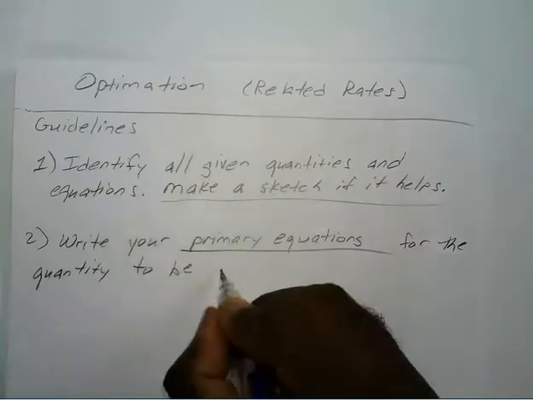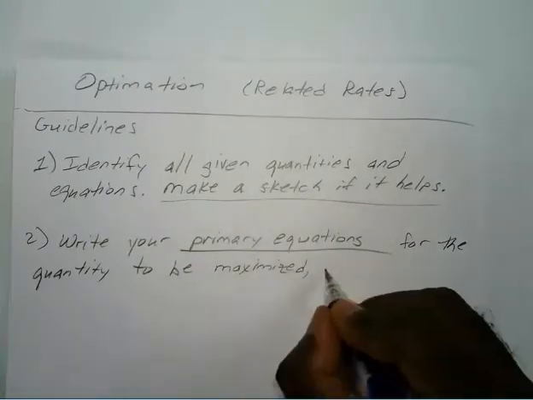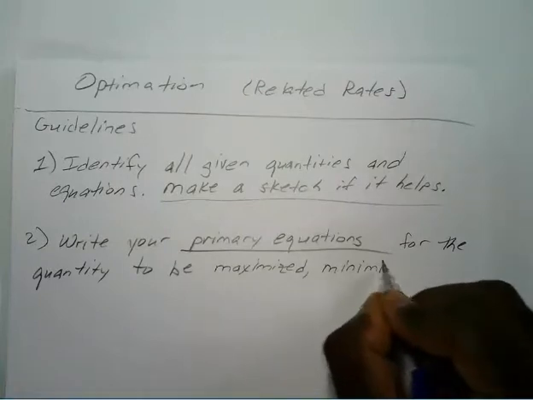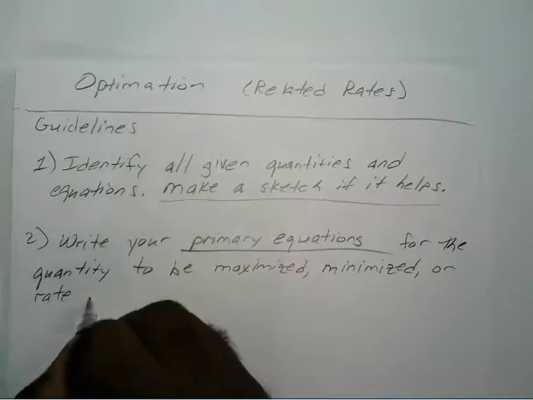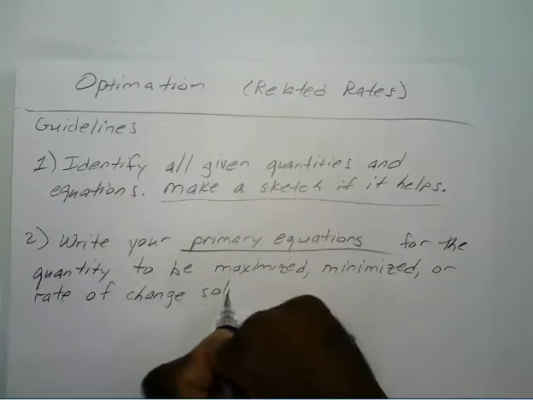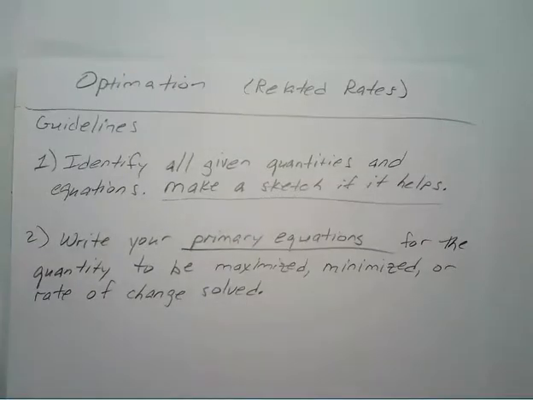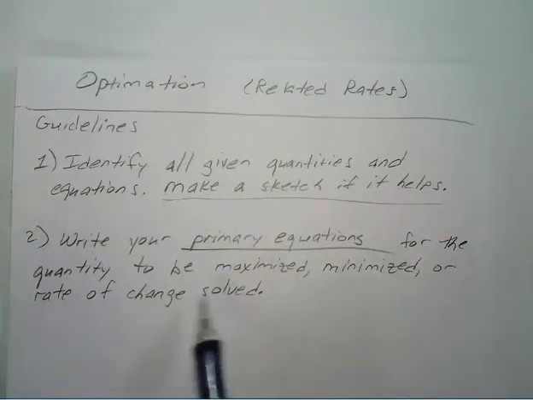If you're finding the maximum or minimum, you're doing optimization. If you find the rate of change, you're doing related rates. So that's why I'm combining them into a certain set of steps.